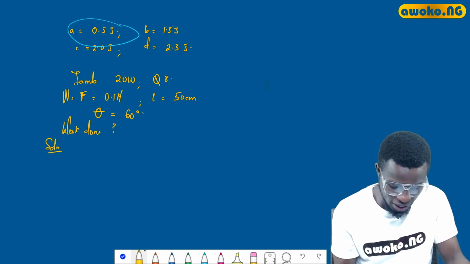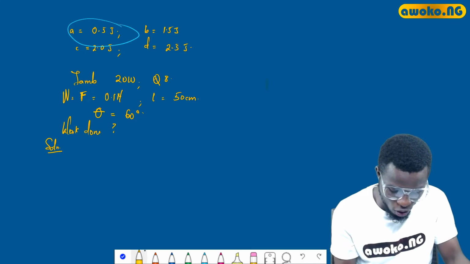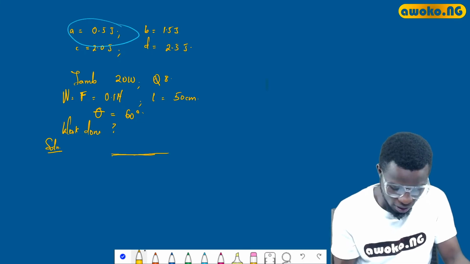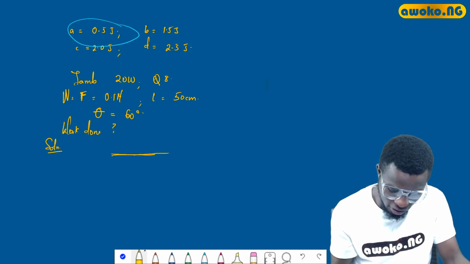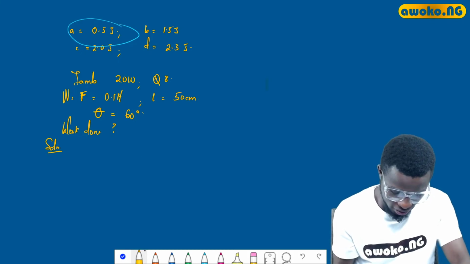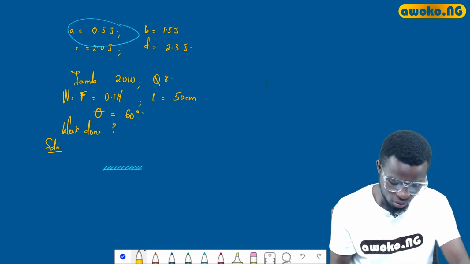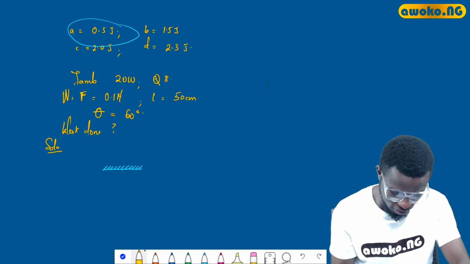diagram. So we're told that the bulb hangs on the massless string. Let us have this. So this is the string. This is the length.